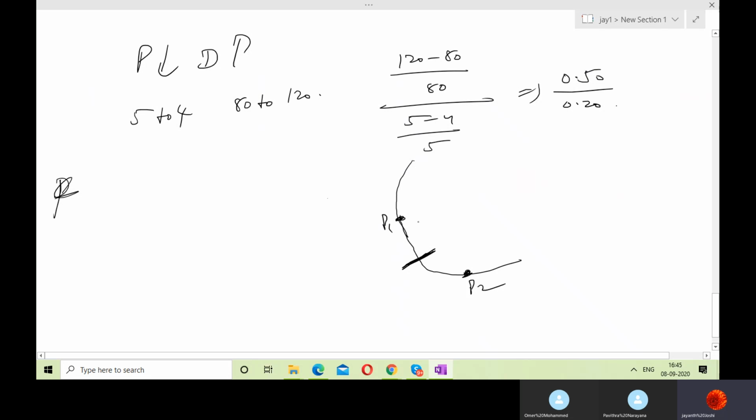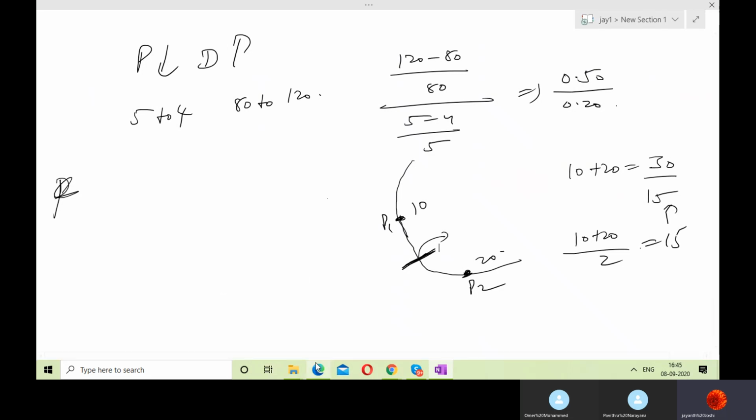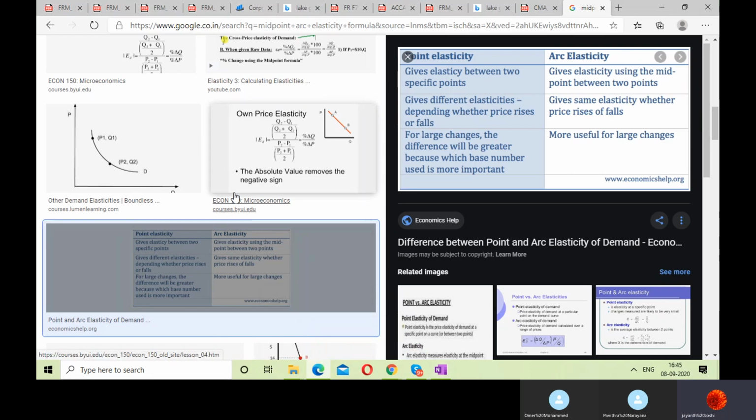So how will you get this? Suppose this is 10, this is 20. Then 10 plus 20 is 30, and the exact midpoint will be 15. How do you get that? 10 plus 20 by 2. So midpoint is nothing but the exact mean, the average. You are seeing the changes with respect to the average of the particular demand or price.